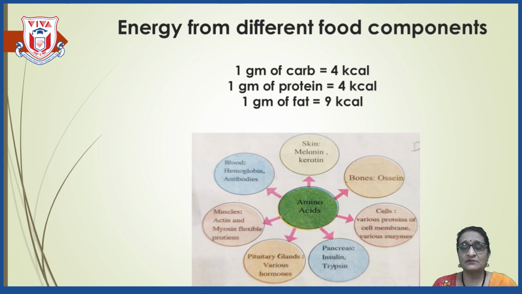Due to that, we can perform various activities and actions. These proteins are actin and myosin, and in the blood also we have some forms of proteins like hemoglobin, which is an oxygen carrier, and antibodies. They help us prevent infectious diseases from pathogens, isn't it?